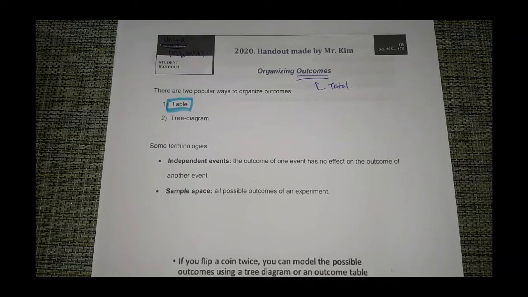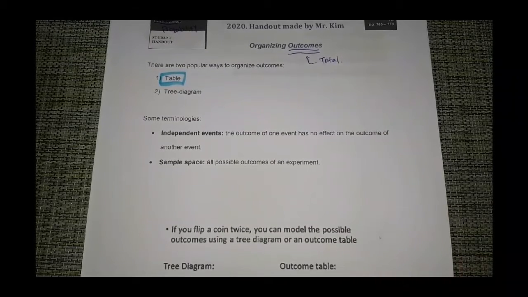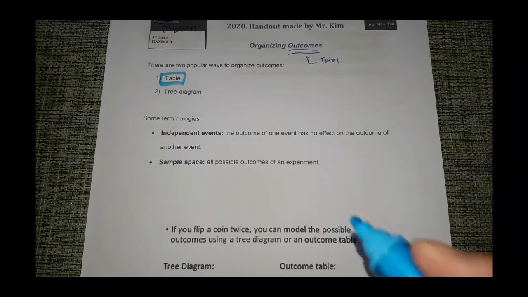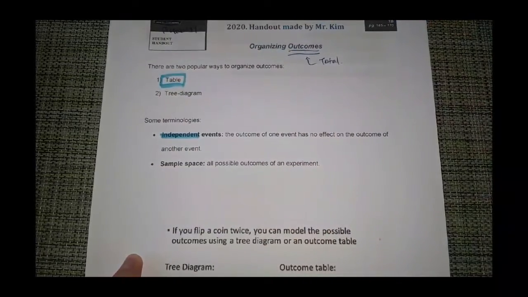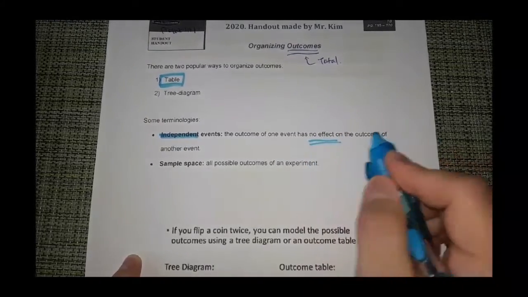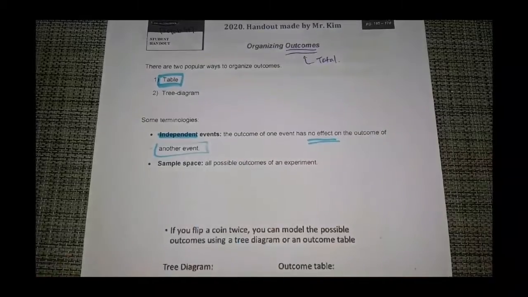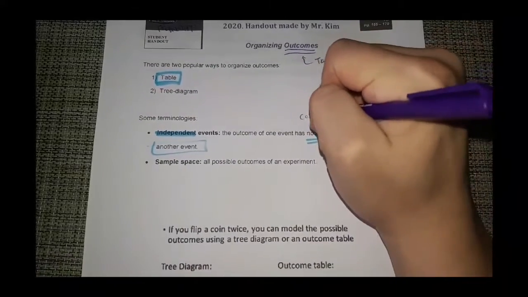Organizing outcomes, you need to know two terminologies, folks. One is that every single type of outcome happens because of an independent event. What I mean by that is one event will have zero effect on the outcome of another event. For example, imagine you have a coin.